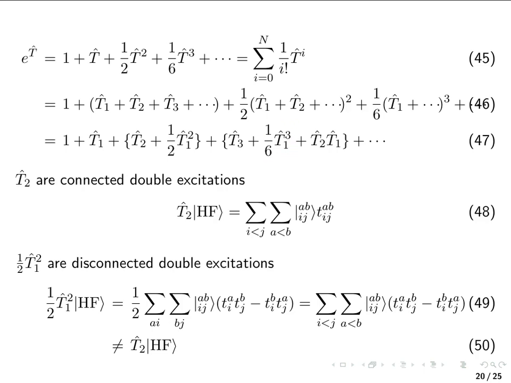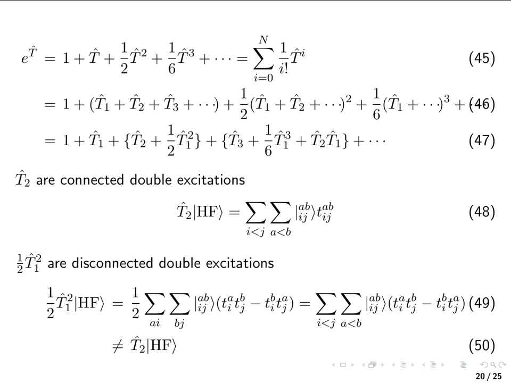T1 to the 3rd power will generate all triply excited determinants, but again only the disconnected ones. And in the next one I will get T1 to the 4th power, which will give me quadruply excited determinants, multiplied again only with the disconnected amplitudes.